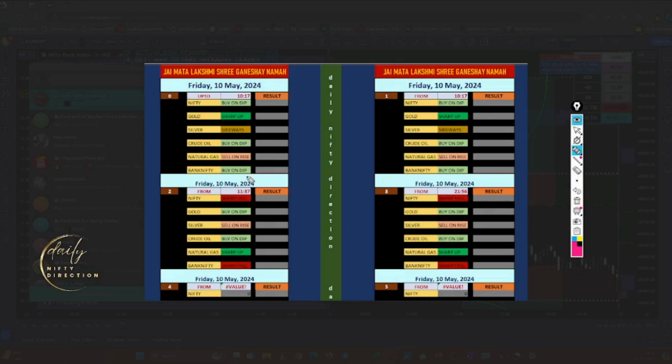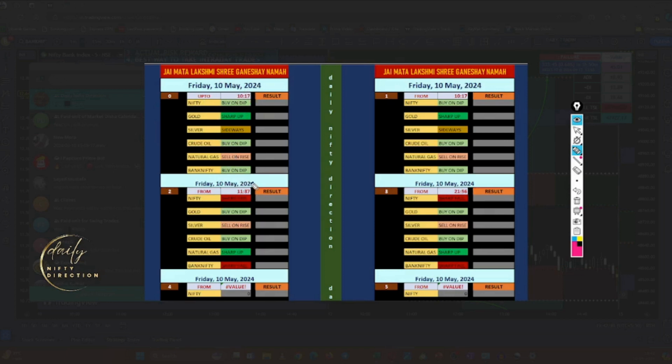So what will be the direction of the whole day? Let us suppose that it is here up to 10 o'clock, then in the first hour you will see that this direction is going to happen.